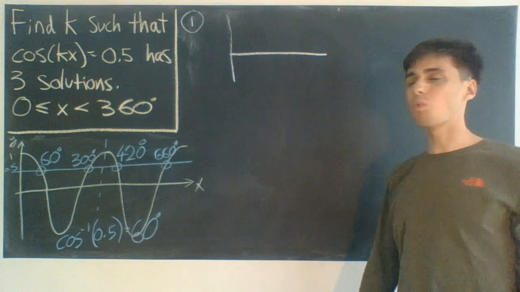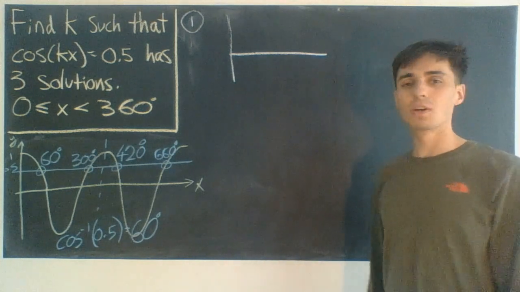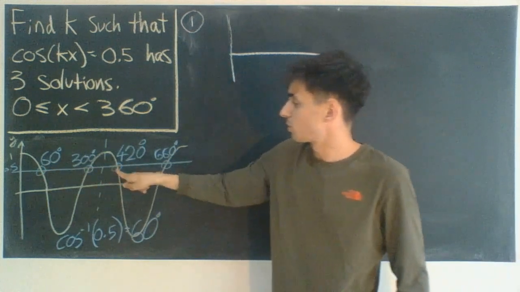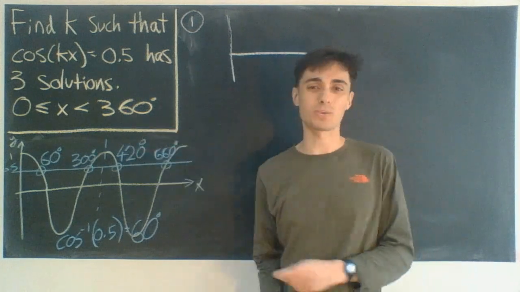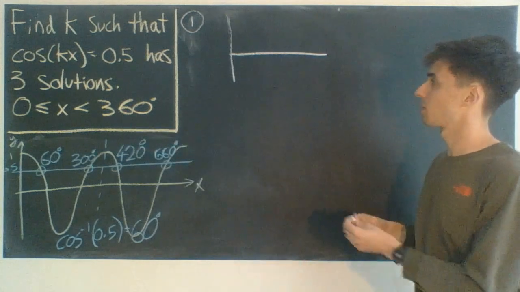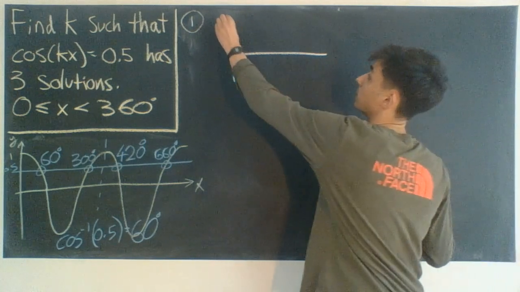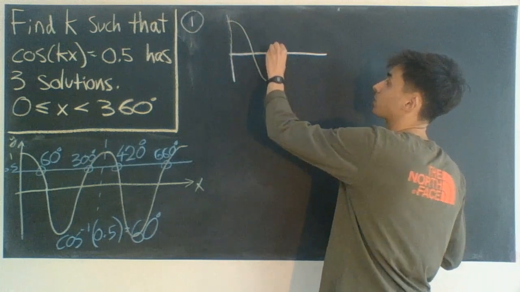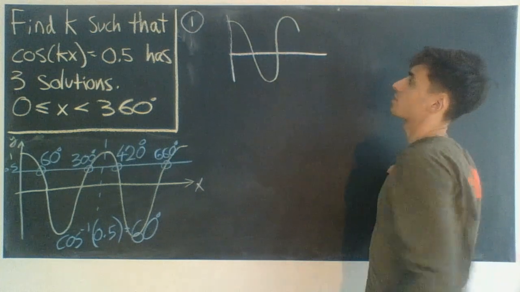And case number 1 happens when we just about have 3 solutions. This would be number 1, this would be number 2, this would be number 3. The third solution just about squeezes into 360 degrees. So if we imagine the shape of our graph, this is our cosine x graph. It's going to look something like this.